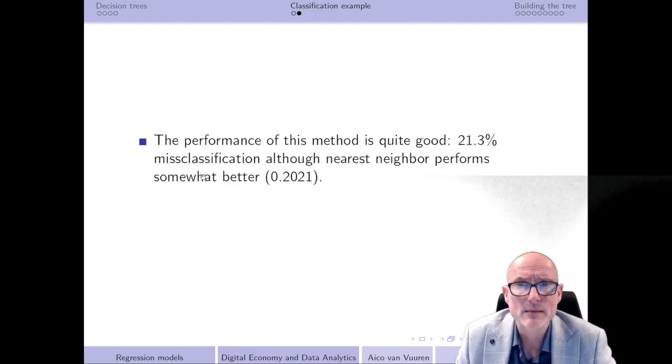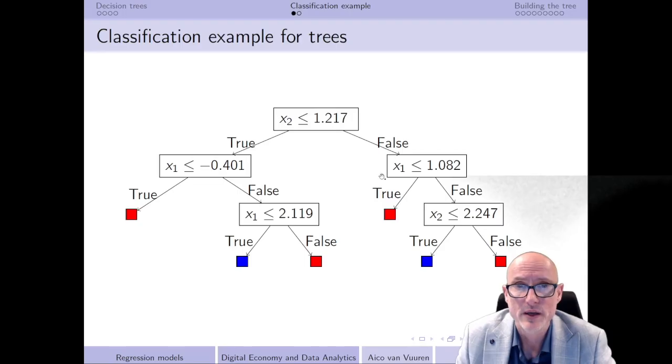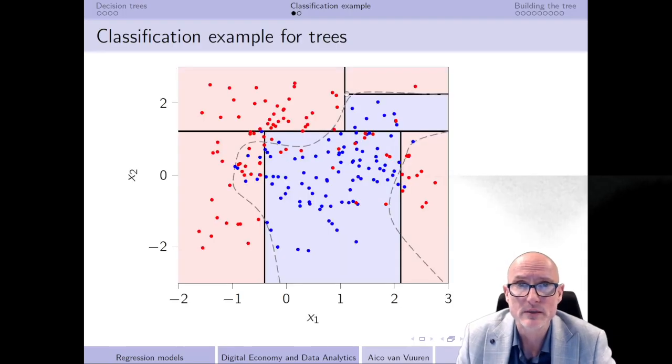That's actually not that much worse than when we used nearest neighbors in the previous video, because in the previous video we had for k equal to 15, the best situation for k nearest neighbors, 0.2021. Also take into account that this is actually not that different anymore from the roughly 18.6% that we would have had if we had used the optimal decision boundary that we have over here.